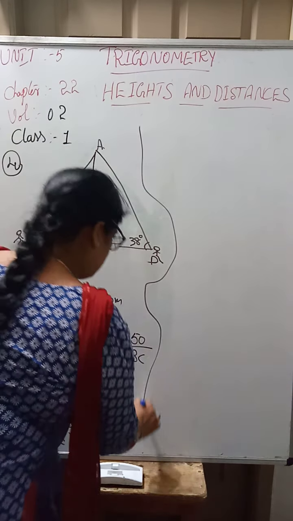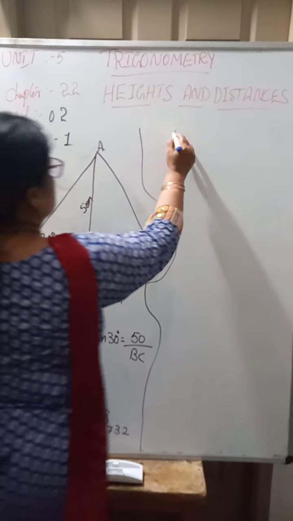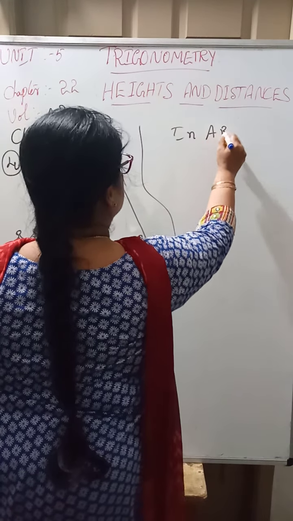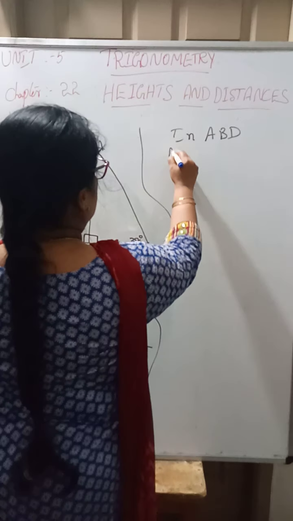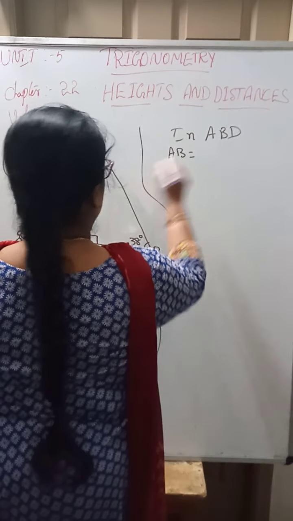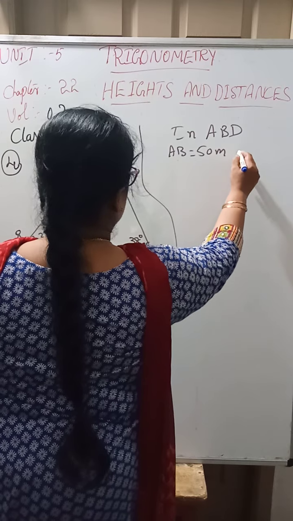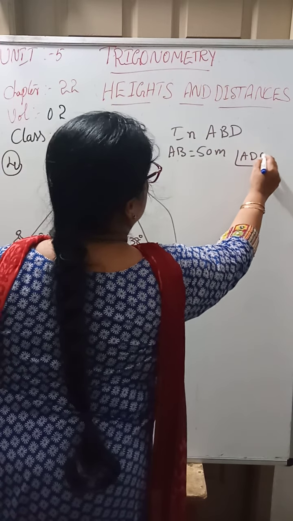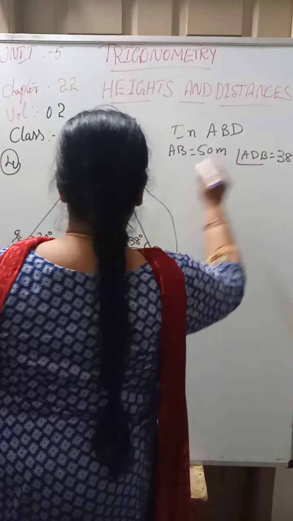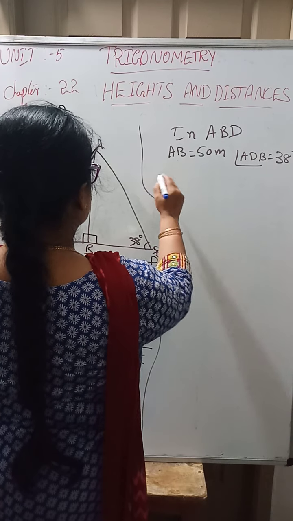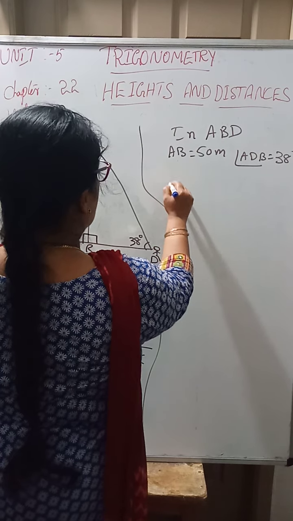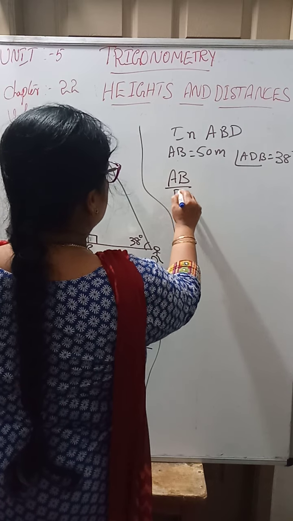Now we have to work with the other triangle, that is triangle ABD. AB is equal to 50 meters and angle ADB is equal to 38 degrees. We have to find AB by BD.